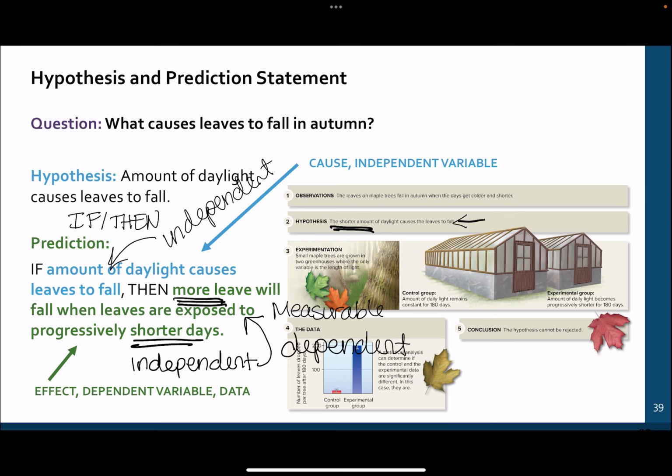So if our hypothesis, then our data. If amount of daylight causes more leaves to fall, then more leaves will fall when there are shorter days. We have summarized our hypothesis and our entire experiment in this prediction statement.